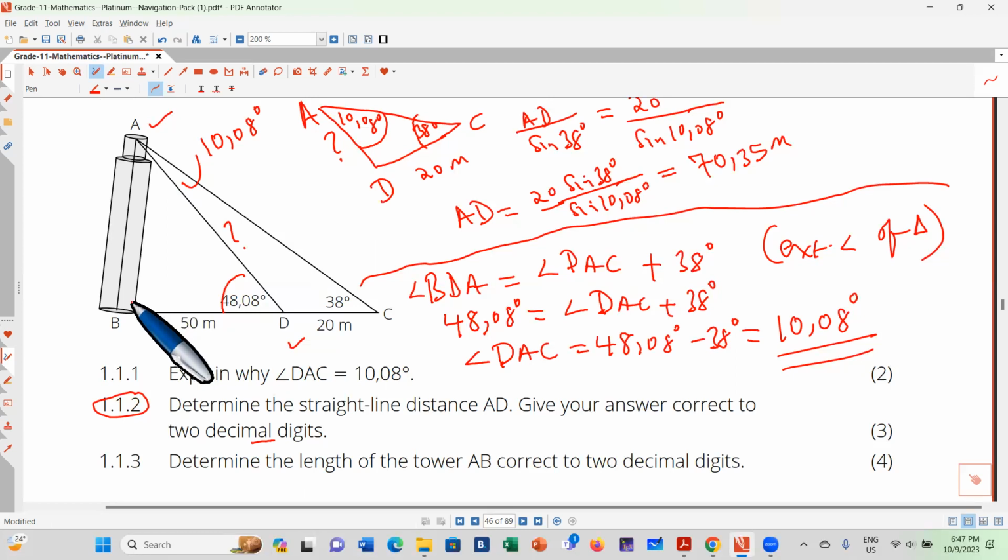Since it is not strictly vertical, we can't use Pythagoras because this angle is not 90. So what do we use? If we do not have a 90-degree angle in the triangle, we do not use the Pythagoras theorem. We use other rules, like your sine rule, your cosine rule.